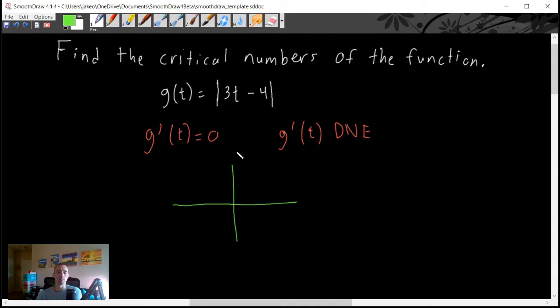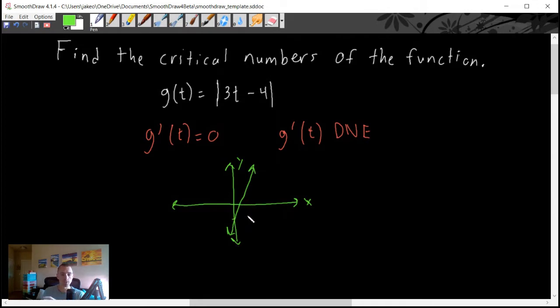So what that essentially means is, if you were to graph this function, you could graph the function itself without the absolute value, and then just flip anything below the x-axis to being above the x-axis. So we could basically just graph the line 3t minus 4, which would be something like this, a linear function with a slope of 3 intersecting the y-axis at -4.